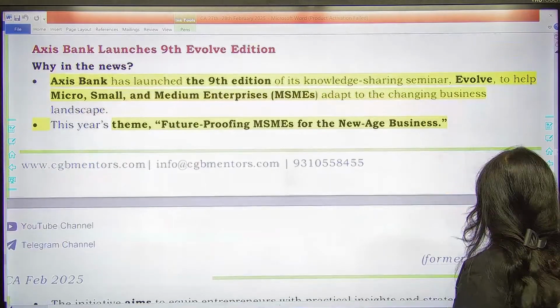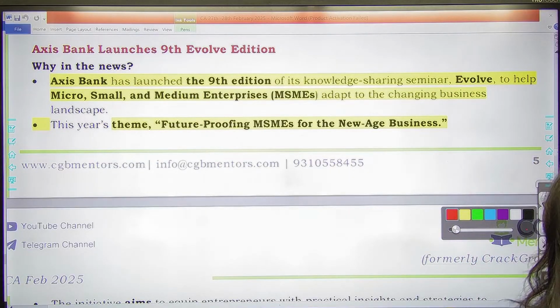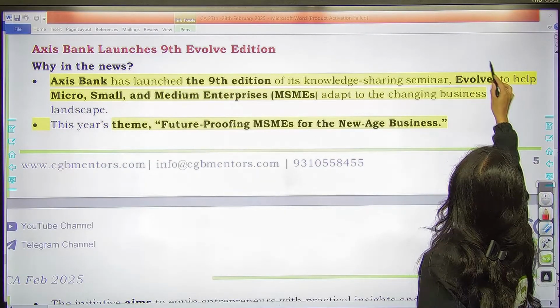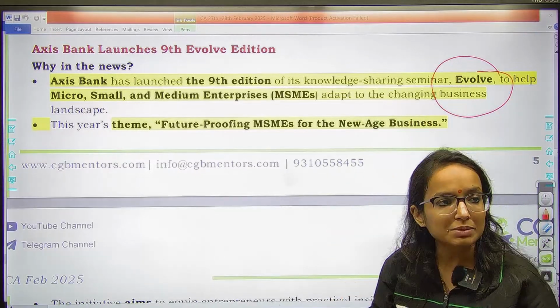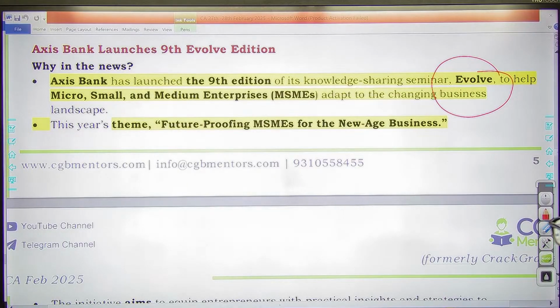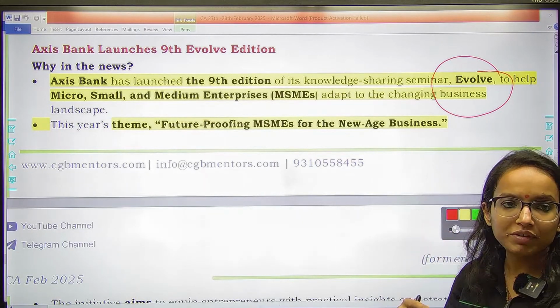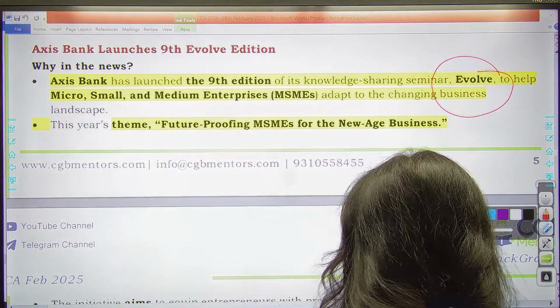The next one is Axis Bank has recently launched 9th edition of knowledge sharing seminar Evolve. किसने launch किया है? Remember, Axis Bank has launched this Evolve to help MSMEs in the changing business landscape. They have shared a lot of information with the MSMEs, and what was the theme?